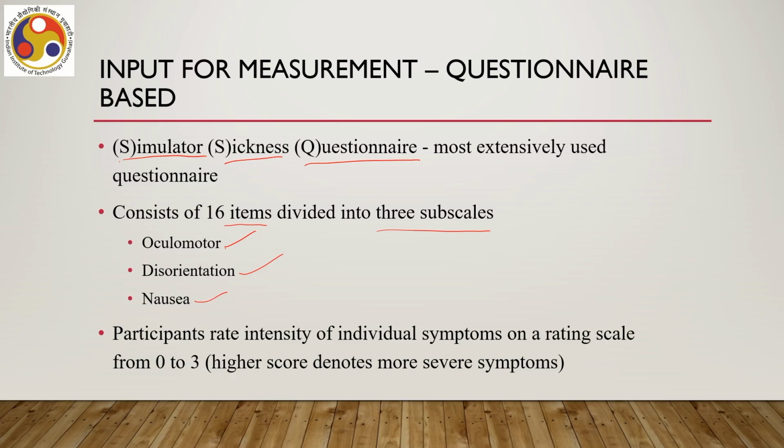Participants are asked to rate intensity of individual symptoms belonging to these 3 subscales: oculomotor, disorientation and nausea, on a scale of 0 to 3, where higher score denotes more severe symptoms.